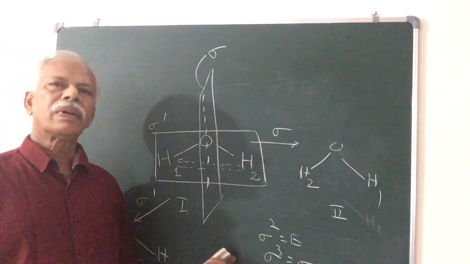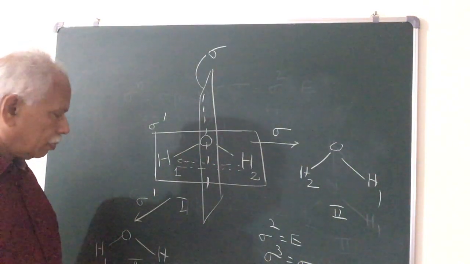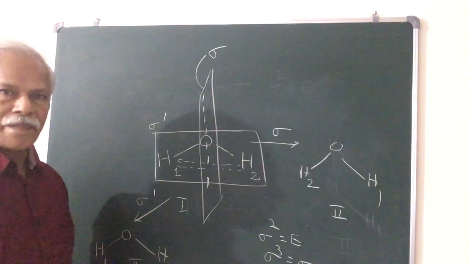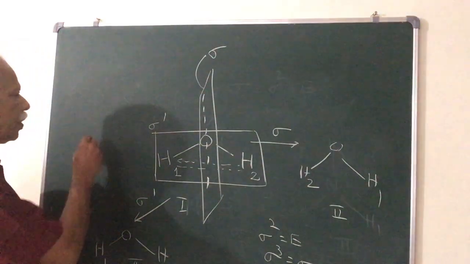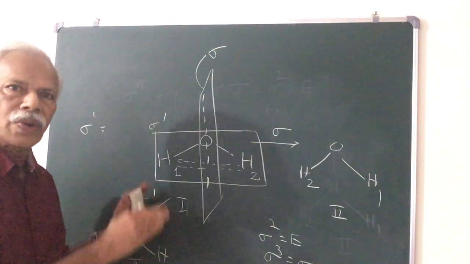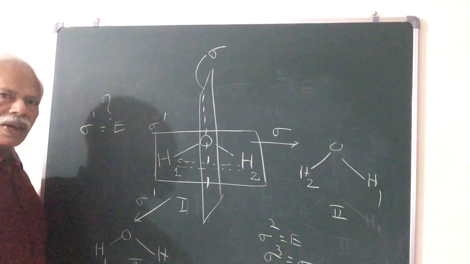Now a natural doubt can come. Are 1 and this 2 exactly identical? Or if I say, if a sigma dash is done, are you getting a result as if you have not disturbed the molecule at all? The question can come.